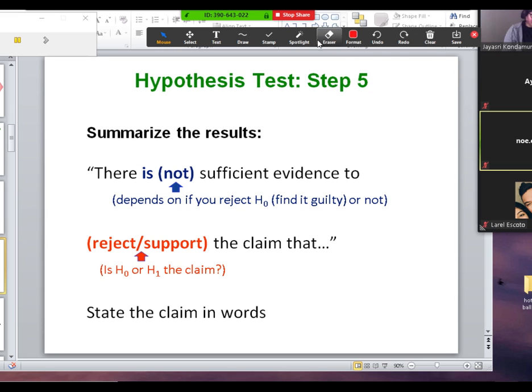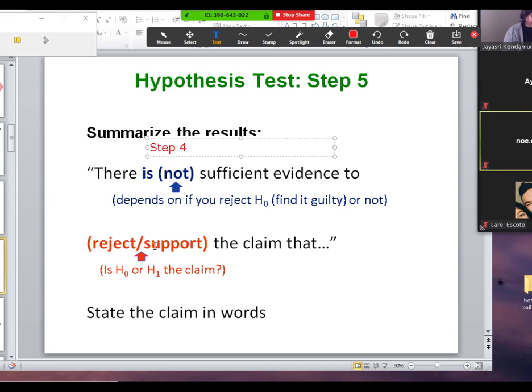So this is all about step 4. If you had enough evidence, then you rejected H0, so you would say there is enough evidence. If you do not reject H0, then you would say there is not enough evidence. And those match up hand in hand.